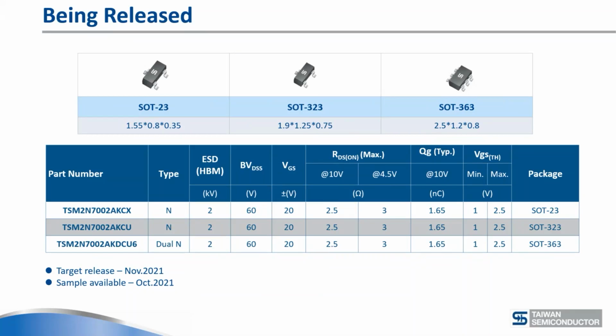When I checked this morning, the datasheets were already on the website. I think the official release is in November. We decided to include it in this overview webinar because they are very popular devices and especially good commodities for distributors to have.